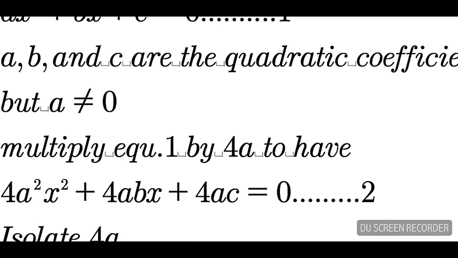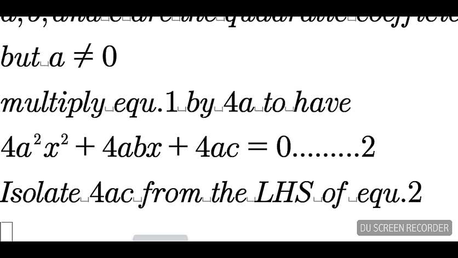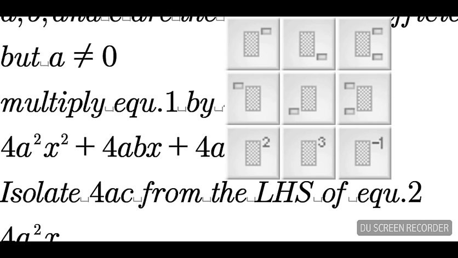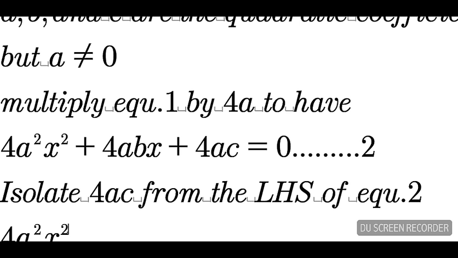That gives me 4a squared x squared plus 4abx equal to minus 4ac.